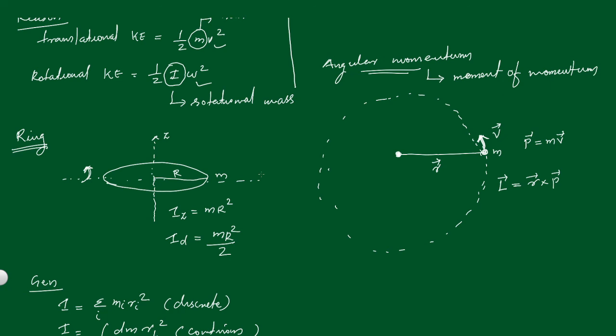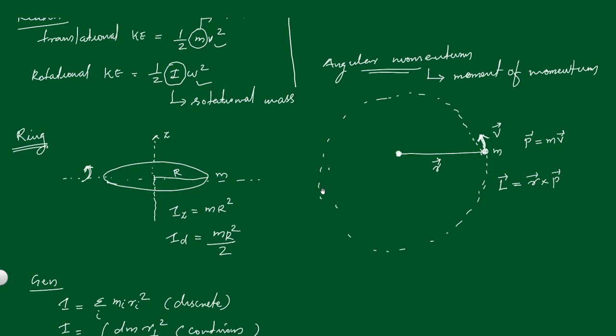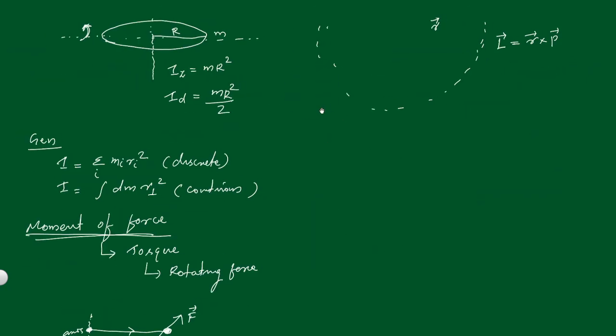So moment is a general concept. If R is multiplied with any of these quantities, suppose R is multiplied with M, then it will be moment of inertia.